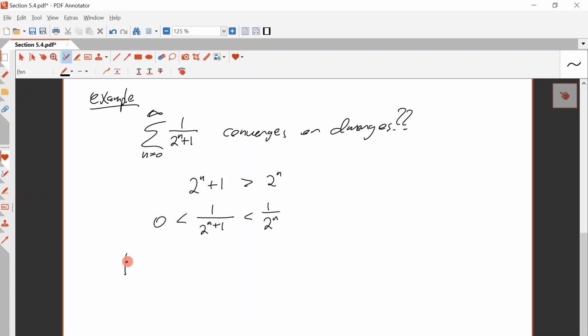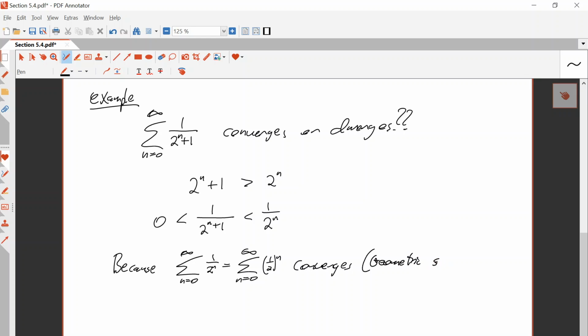Therefore, because the sum 1 over 2 to the n, which is the sum n equals 0 to infinity of (1/2)^n, converges, why? It's a geometric series with ratio 1/2, which is less than 1.